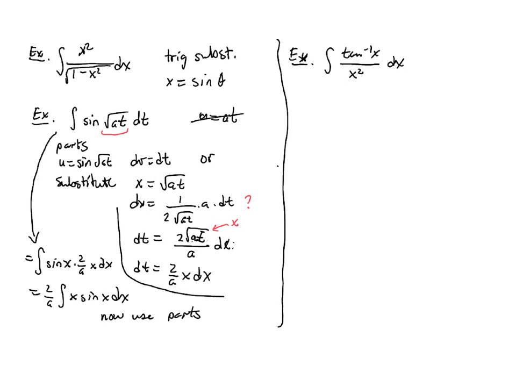There's not an obvious substitution. Derivative of tan inverse is 1 over 1 plus x squared, but that's just x squared in the bottom, not helpful. It's not standard trig functions. It's not a rational function since the numerator is not a polynomial. There's not a radical in there. So you're really kind of left with playing around with integration by parts.